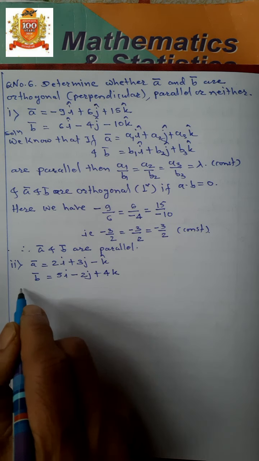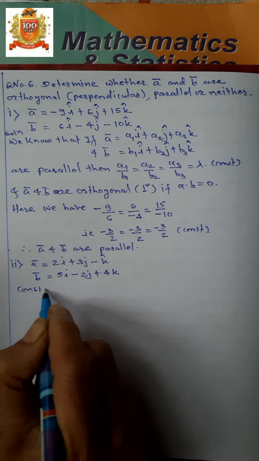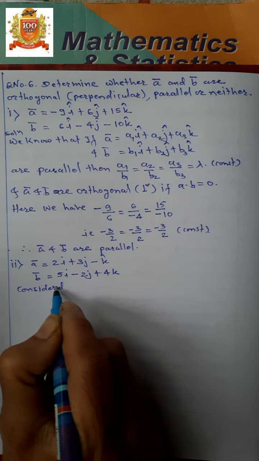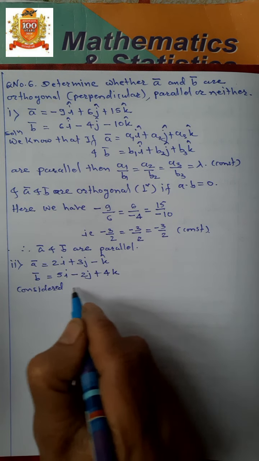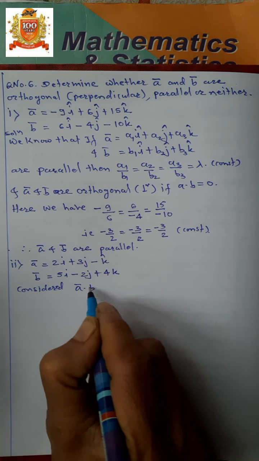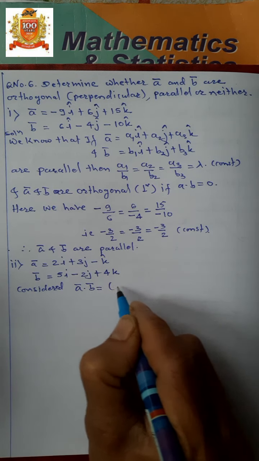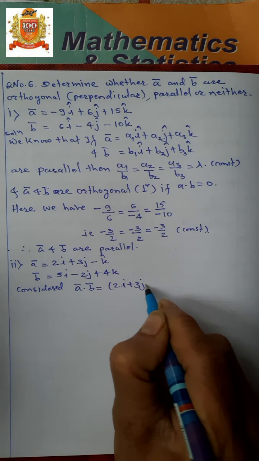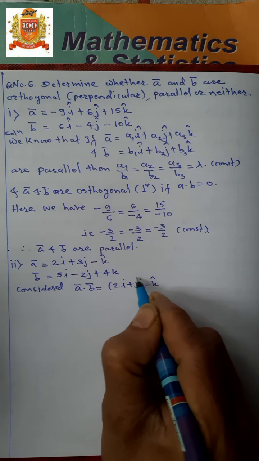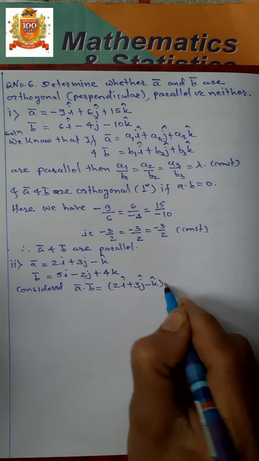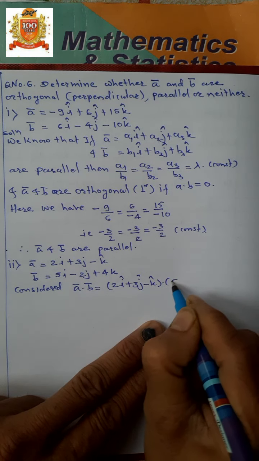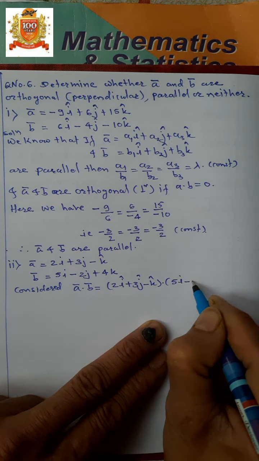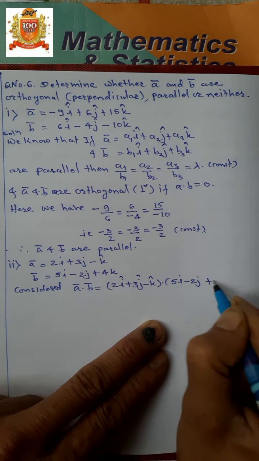So, consider a bar dot b bar is equal to 2i plus 3j minus k dot 5i minus 2j plus 4k.